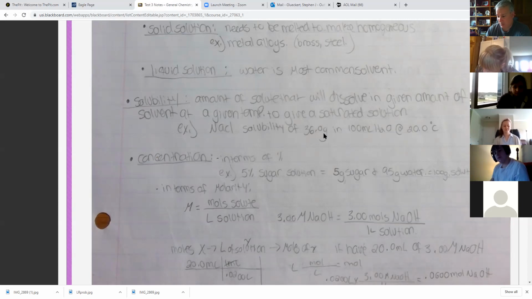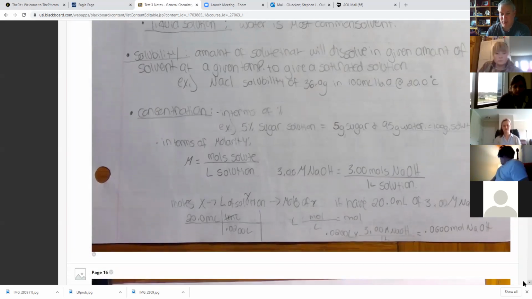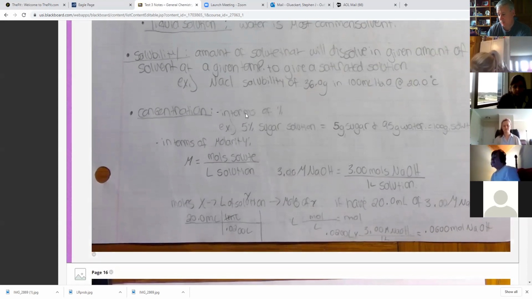So another important characteristic of solutions is concentration. How much solute is there for how much solvent? One way of expressing concentrations, probably the most common way in terms of everyday life, is percent.